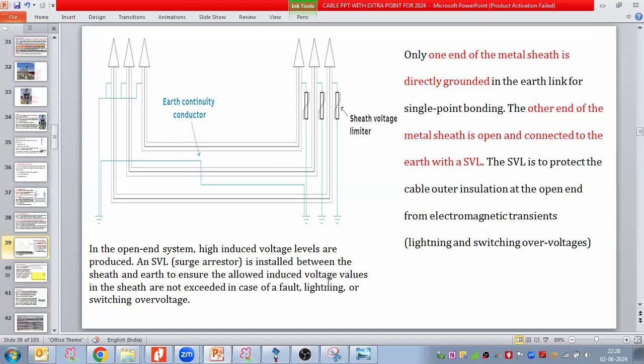So the voltage on the sheath should not exceed the allowed limit. Let us see what the allowed limit is, how much voltage we generally allow.